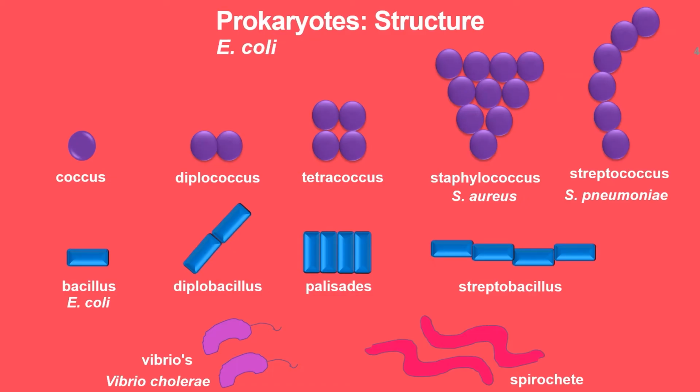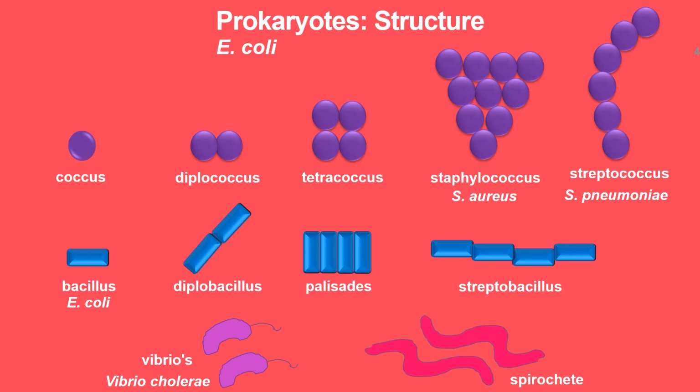As well as being able to identify bacteria according to their cell wall, we can also define them via their shape and their formations. So for instance, in the purple, we can see here on the left a coccus that has this round spherical shape.